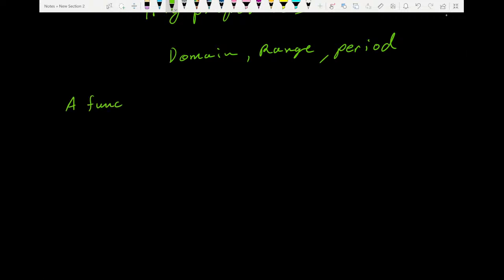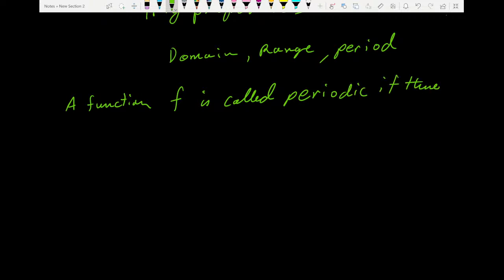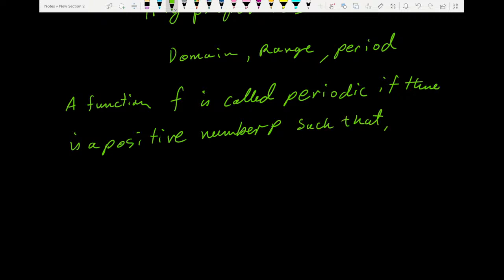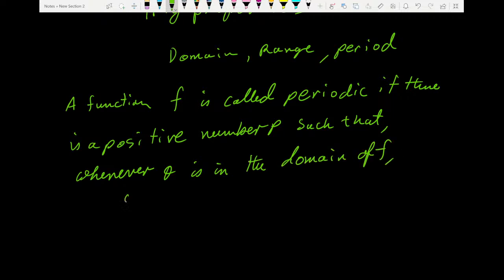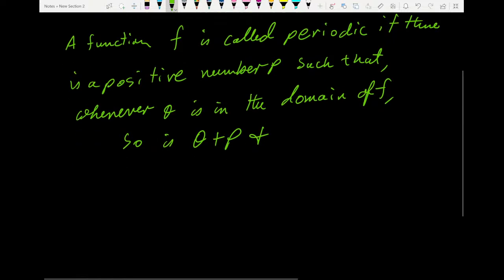A function f is called periodic if there is a positive number p such that whenever theta is in the domain of f, so is theta plus p.